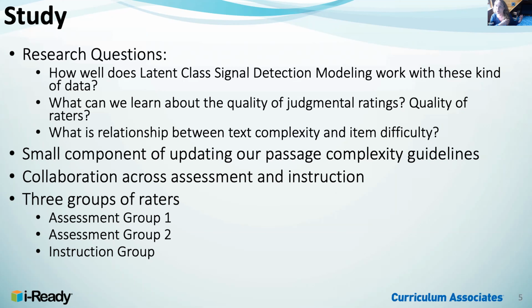And we already know from 30 years of research that the number one contributor to item difficulty is the complexity of the passage. Well, then you better know what you're doing when it comes to passage complexity, right? These are great research questions. We could study these research questions for a long time, and I hope that we continue. But we have just scratched the surface today.